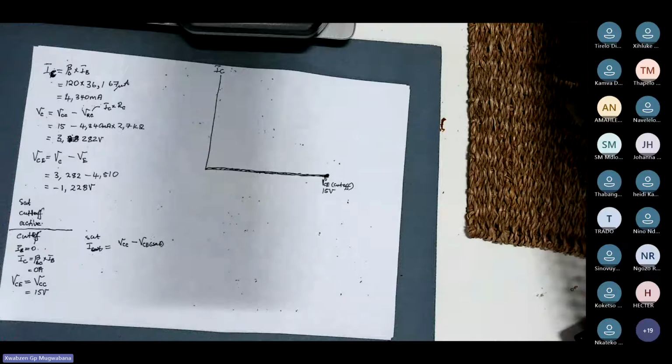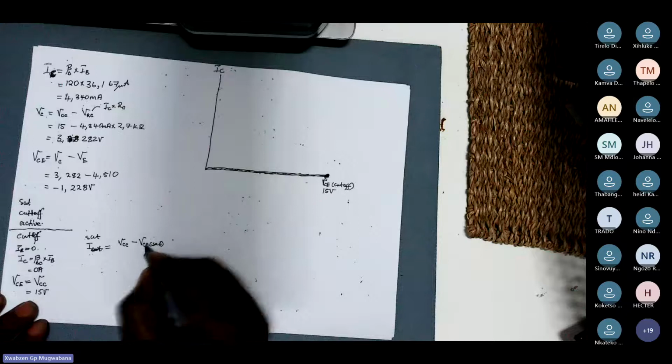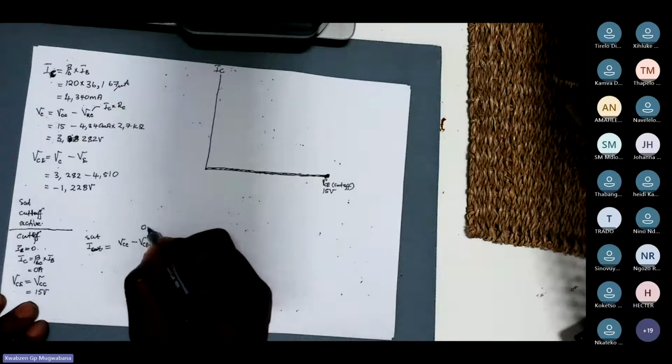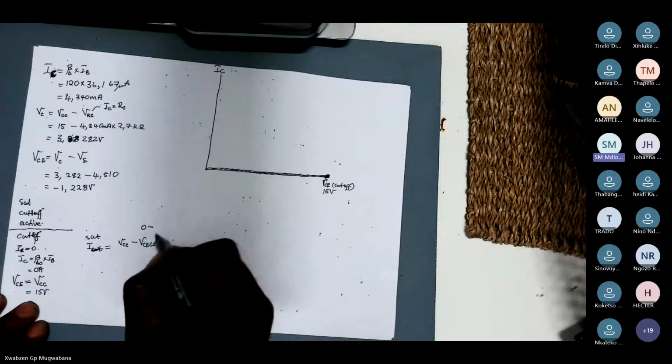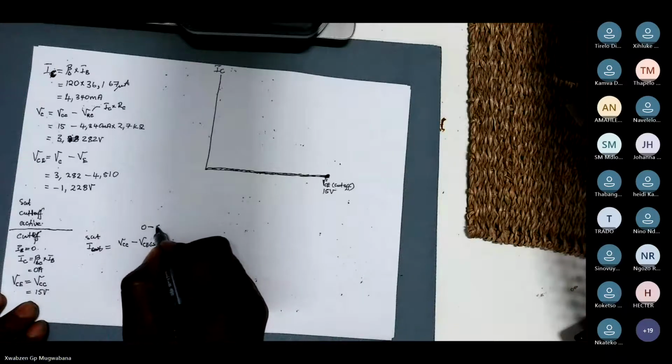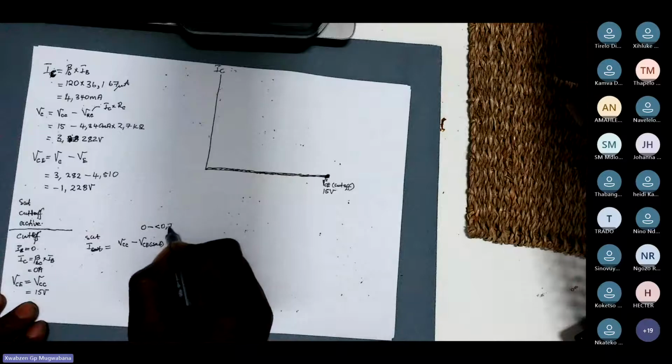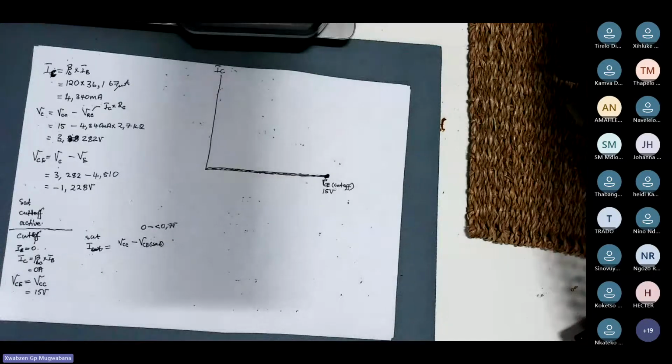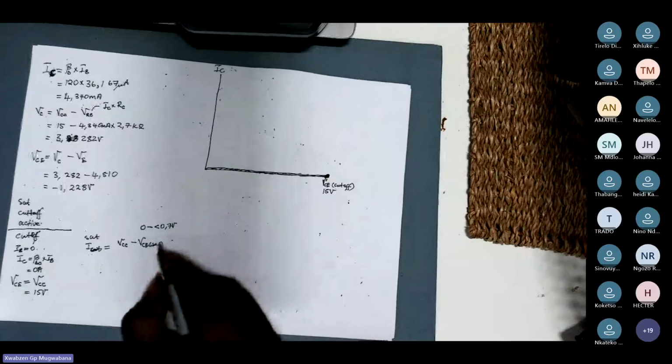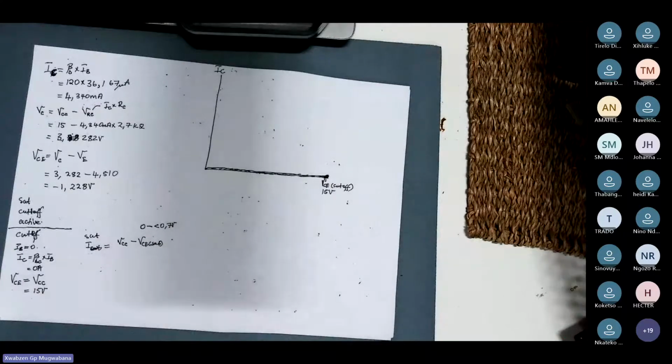But your saturation voltage will always be below 0.7 volts. This voltage will move from 0 up to less than 0.7 volts. Am I making myself clear? Because once it reaches 0.7 volts, your transistor starts to switch on, which means you are now in the active region.